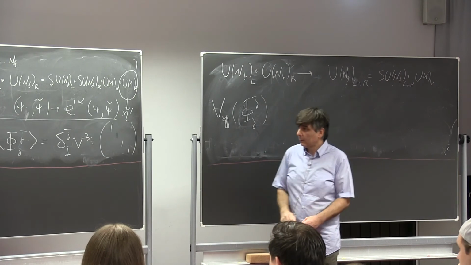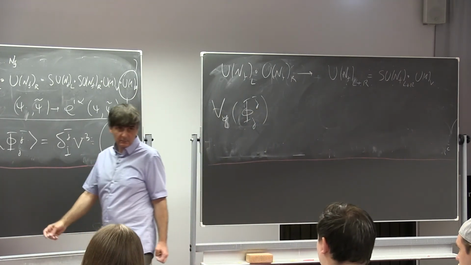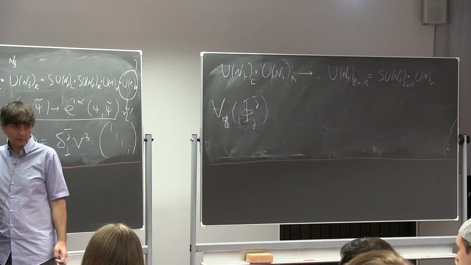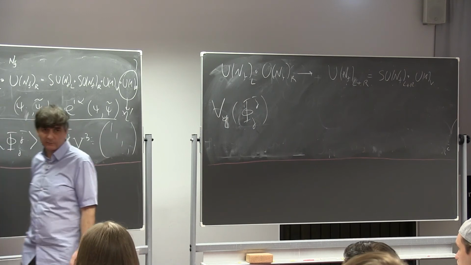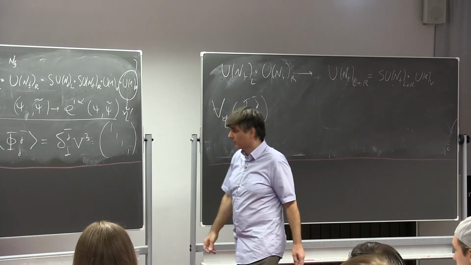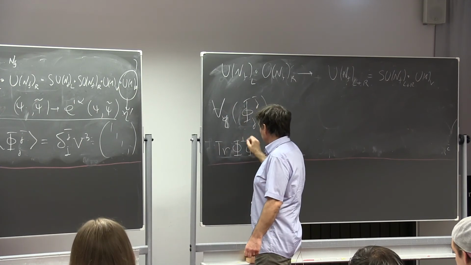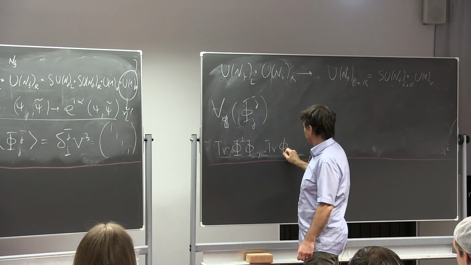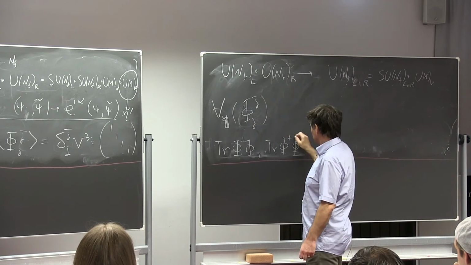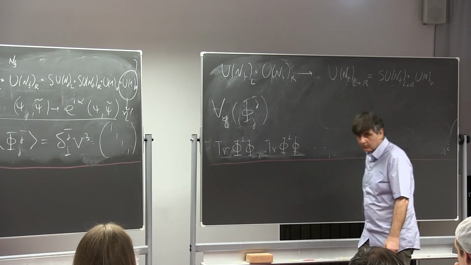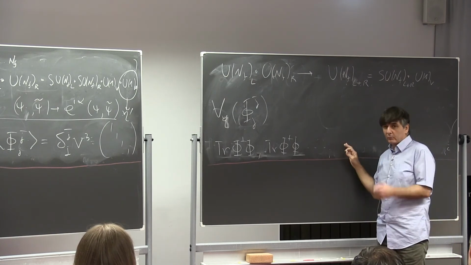What can you do? You can take traces. Out of this order parameter, you can build invariants by taking traces of phi and phi conjugate. For instance, trace of phi dagger phi, and so on. There will be a finite number of invariants.